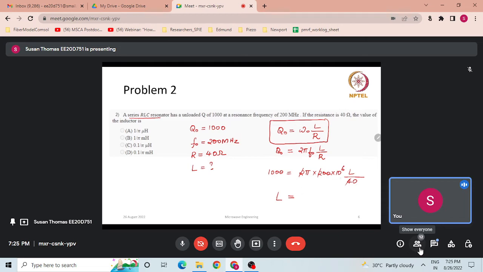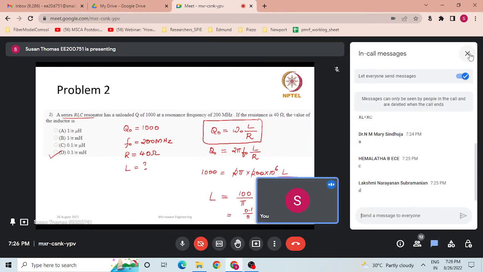Here L is 100 by pi microhenry, or I can say 0.1 by pi millihenry. So we have option D as the right answer. Okay, thank you all. Thank you for trying.